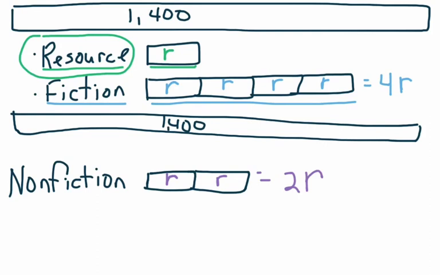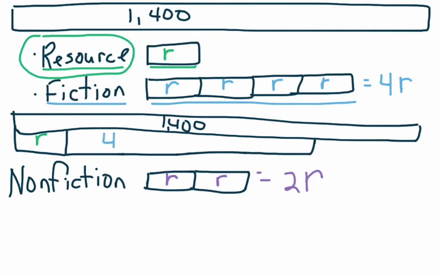Okay, and so R is the resource, so that represents the resource books, and we have 4 of those to represent the fiction books, so we have 4R.